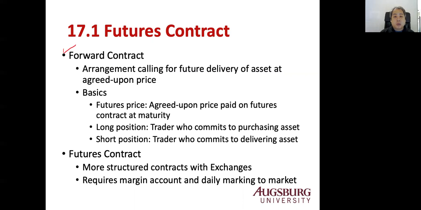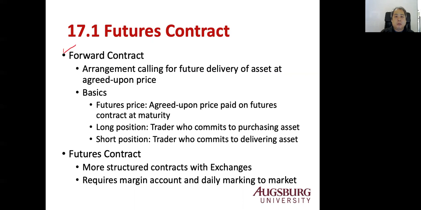So they want to find a counterparty who wants to buy this corn at the price that the farmer wants.